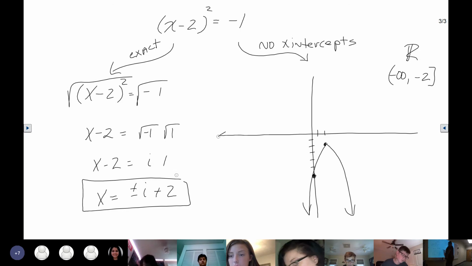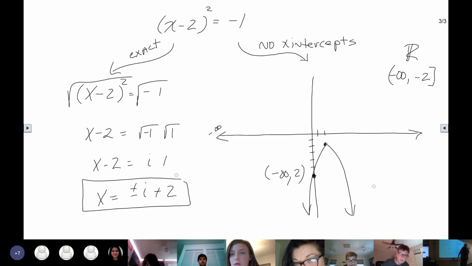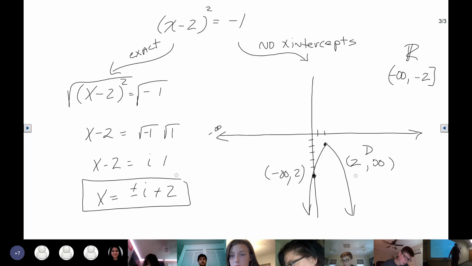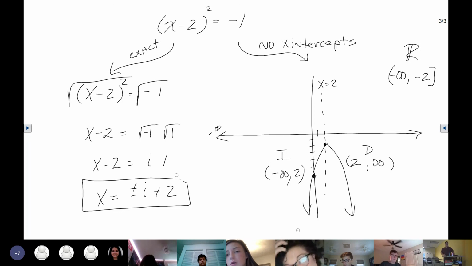Increasing from -infinity to 2, decreasing from 2 to +infinity, and the line of symmetry, x is equal to 2. That's a level 5. Factoring out a negative.